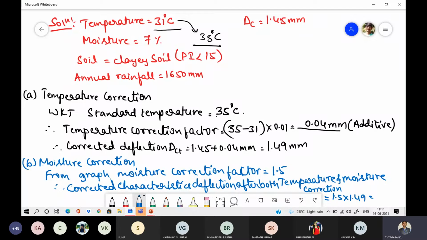Check how much you are going to get. 1.5 into 1.49 is 2.23.